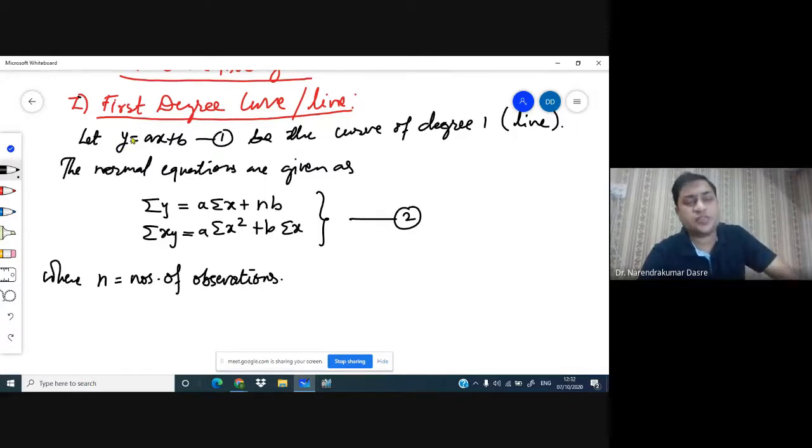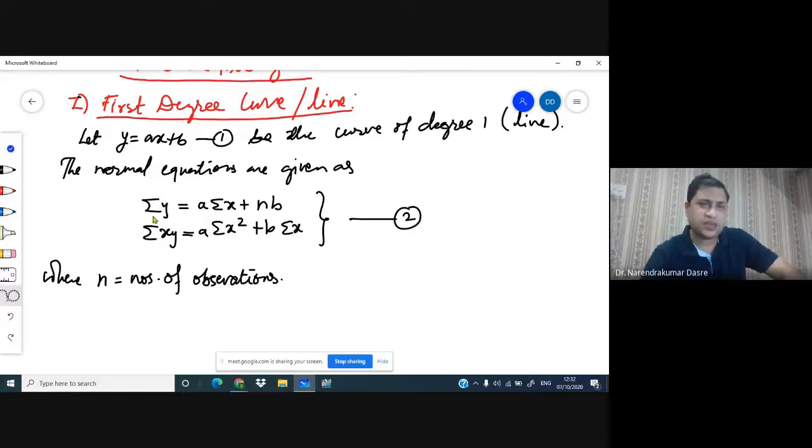So I have to consider all the values, and that's why I have considered all the values of y by considering summation y, and all the values of x by considering summation x. So these are the normal equations we get. And now once I have the normal equations, I need to know what I have to find.